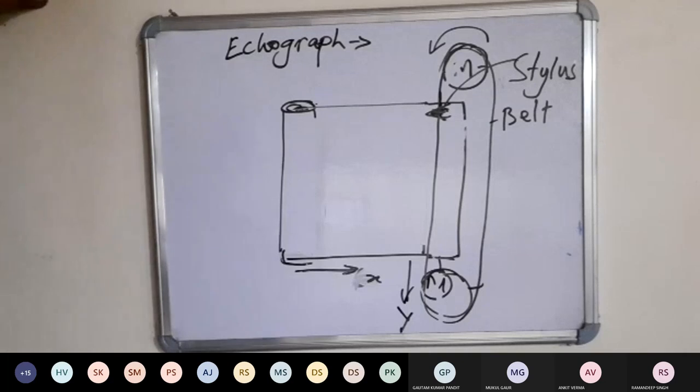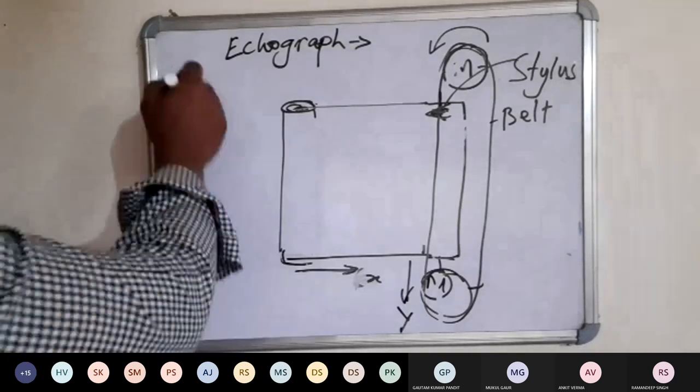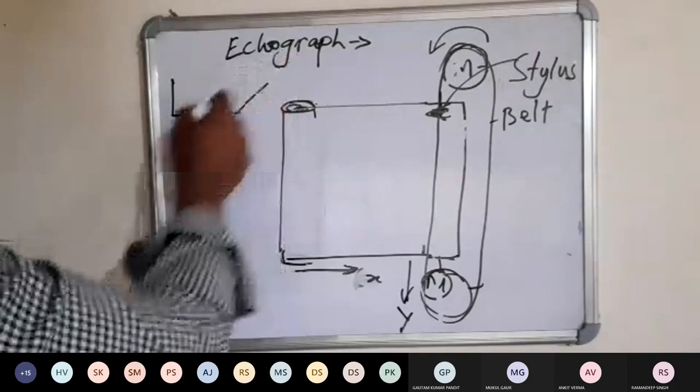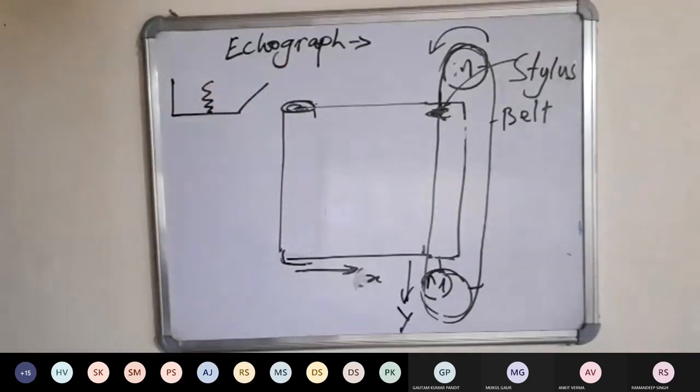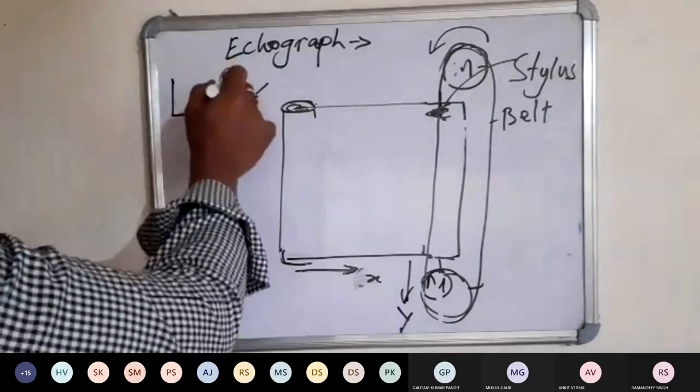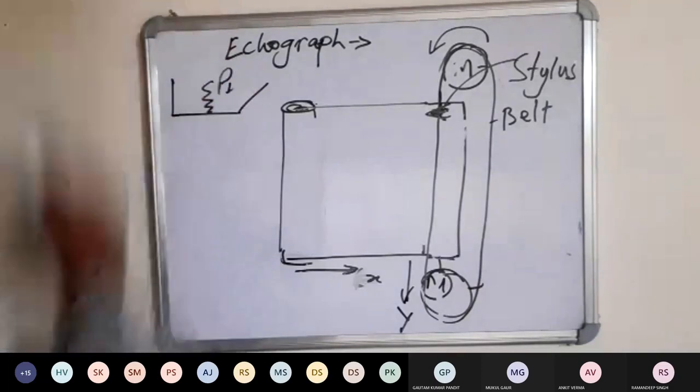Remember the block diagram of the echo sounder? The ship was transmitting the pulses. This is, let us say, whatever pulse 1.